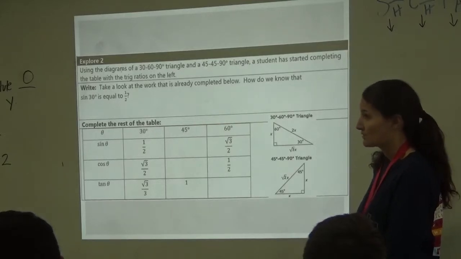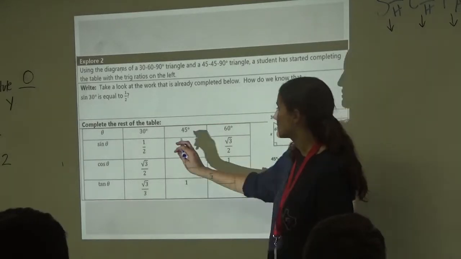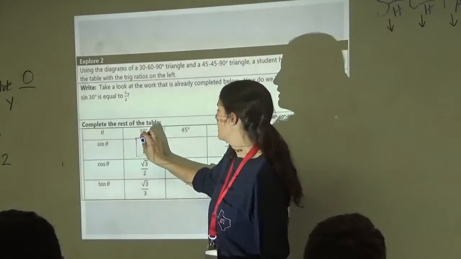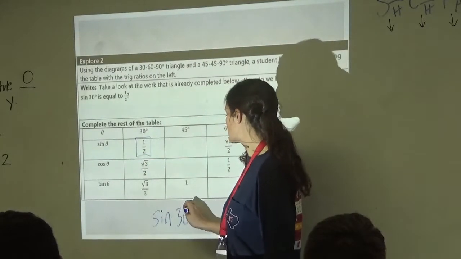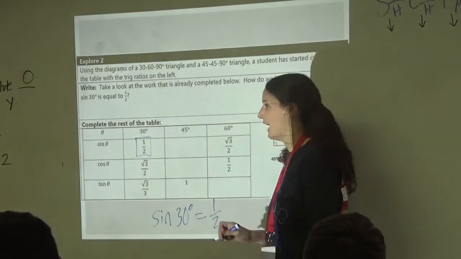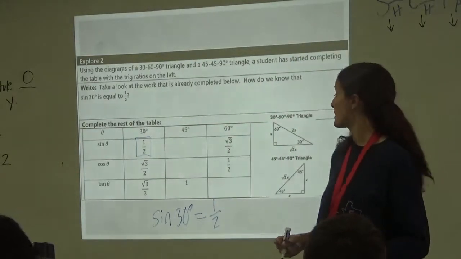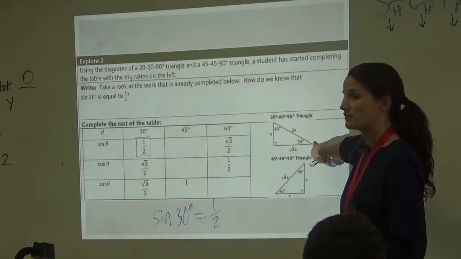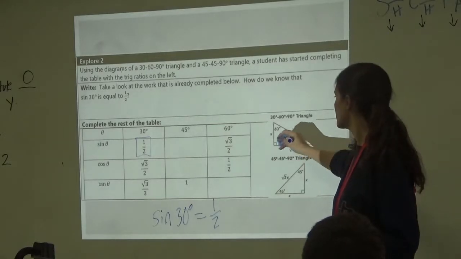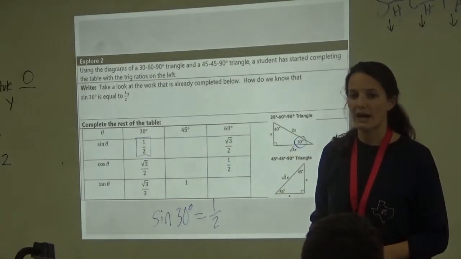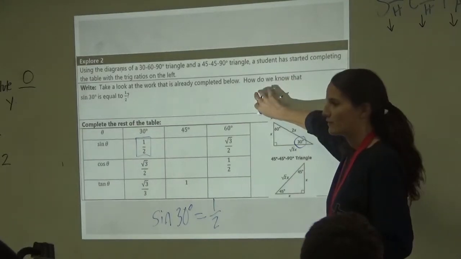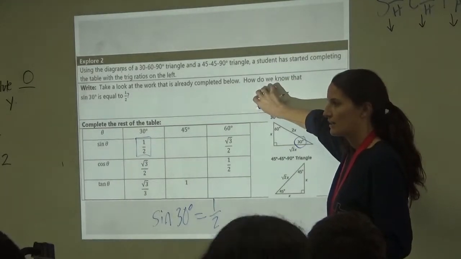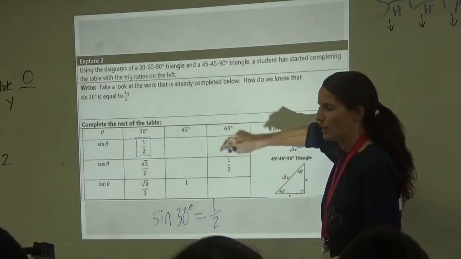Just in our last minute before I do the raffle, I want us to think about why this student said that the sine of 30 degrees is equal to 1/2. So I want you to take 30 seconds really quickly. Take a look at this triangle that has 30 degrees, think about why the sine is equal to 1/2, and write for me right here why you think the sine is equal to 1/2.